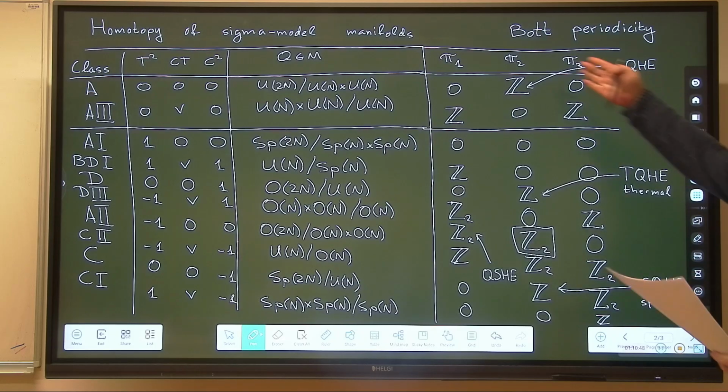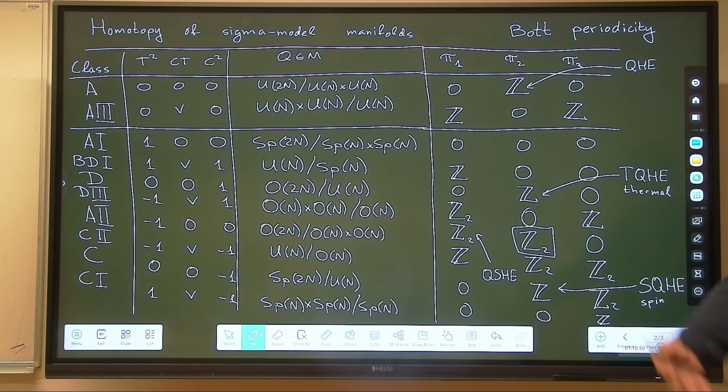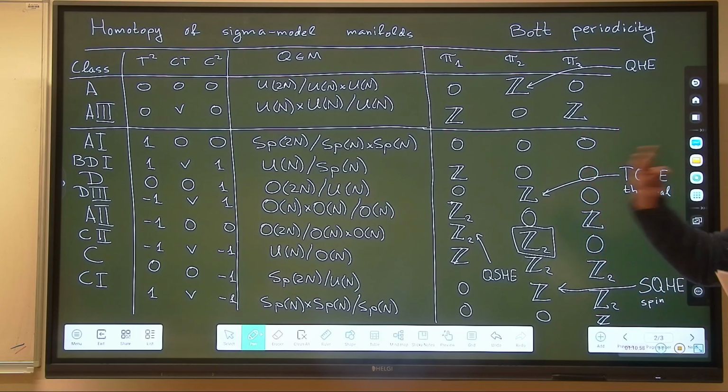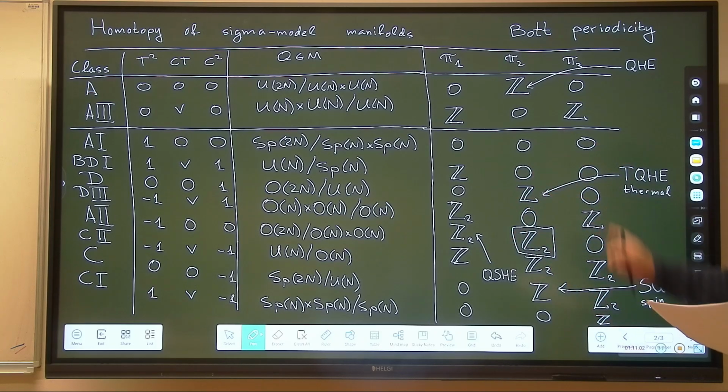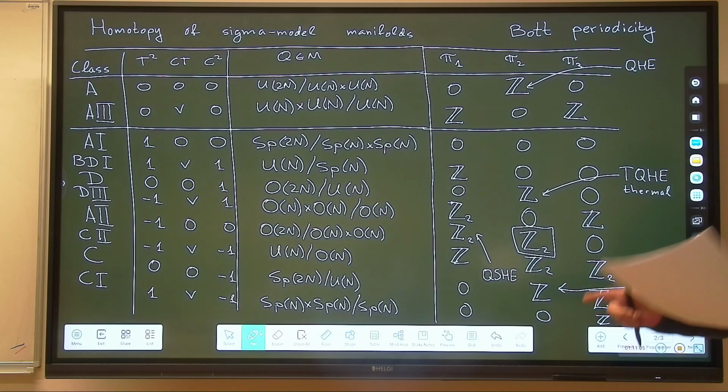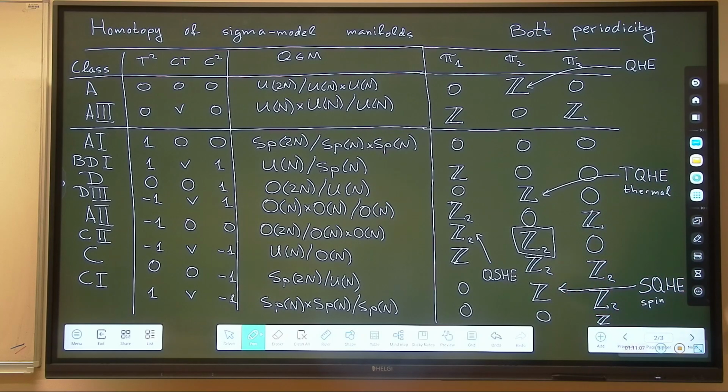So knowing these groups tells us where we should expect topologically non-trivial metals that cannot be fully localized. And we have physical examples for most of these cells: whenever we do have something, indeed there is a special material that due to topological reasons cannot be fully localized, where electrons cannot be fully localized.